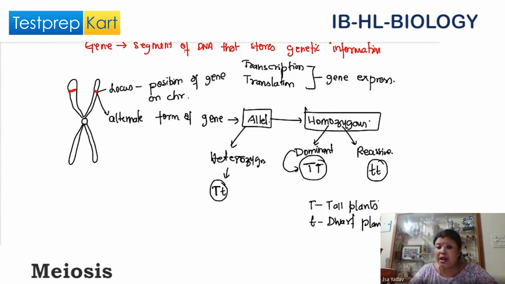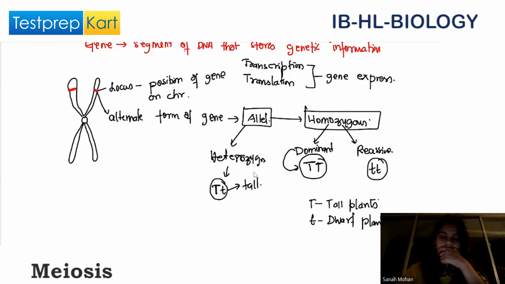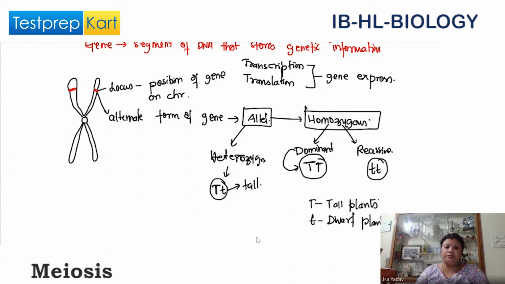Because one capital letter T is there, and this capital letter T is dominant. And the small letter is recessive. So since we have one dominant gene, the character will be tall. This point is clear? Any doubt here? No.